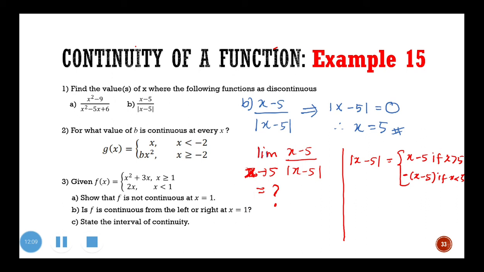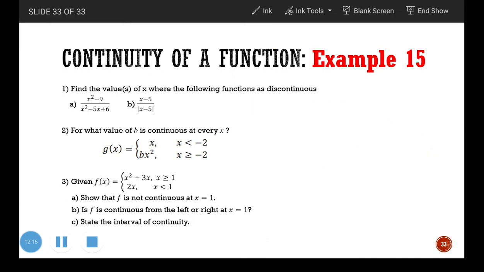Alright, now I'm going to continue with number 2. So this is another type of question that can be asked for continuity. Another type of question that can be asked when we want to discuss continuity.